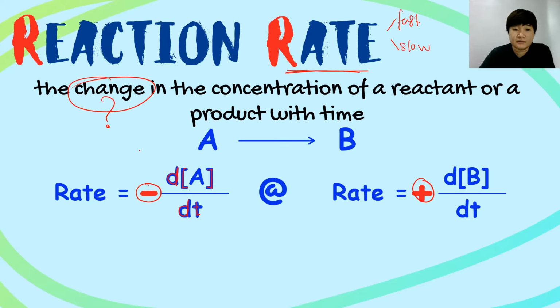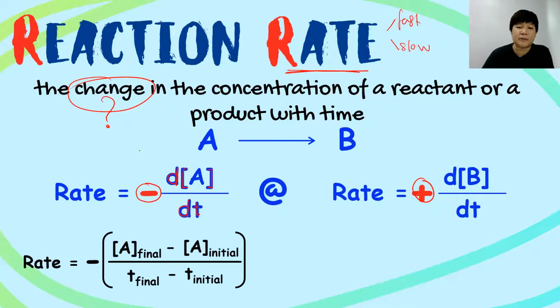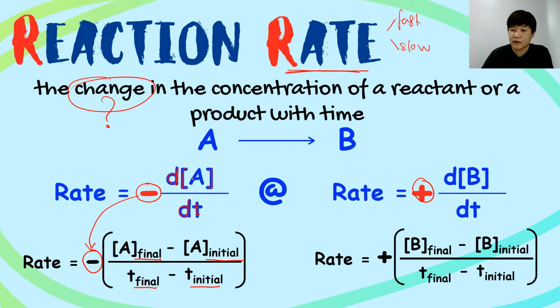Very simple. The change in concentration and the change in time can be calculated by using a very simple formula: concentration final minus concentration initial over t final minus t initial. So you can see over here, the negative remains unchanged, guys. The negative remaining unchanged represents a reactant. For the product it is the same.